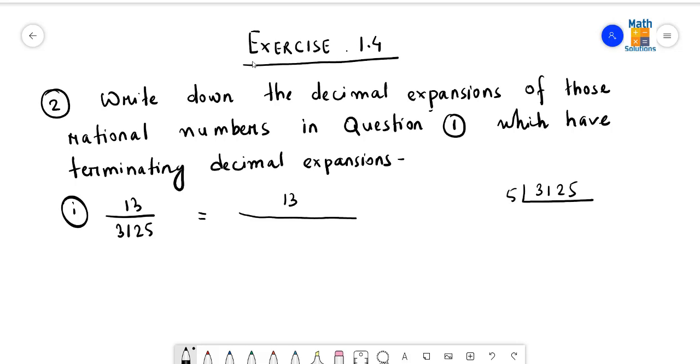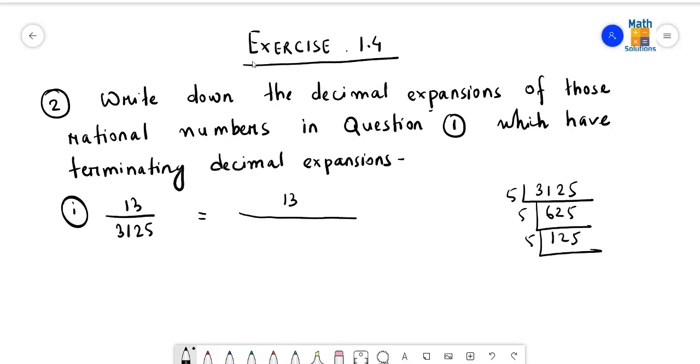That is why we have to proceed with 5, and by 5 when we divide it we get 6 here. Again by 5 when we divide it I get the result 125.